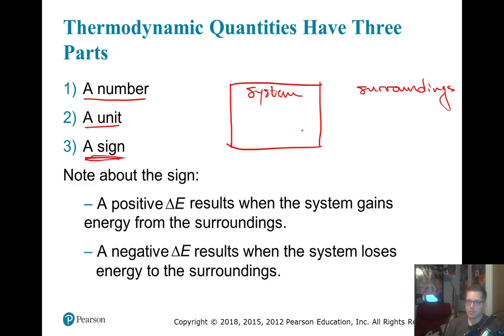So really, we only care about the change, what's going across this barrier, what's going out or coming into our system. Now, physicists get really funky about this, but in chemistry, generally anything that's leaving our system has a negative sign, and anything being added to our system has a positive sign. This could be several different things that we'll talk about. That's important to keep straight as we move forward.